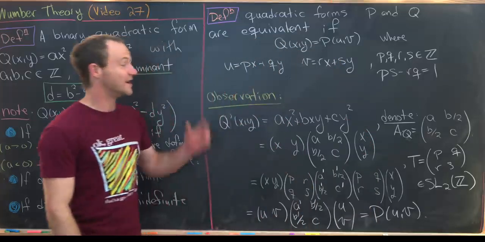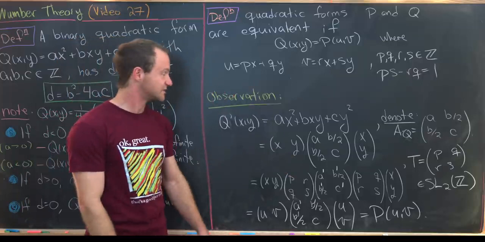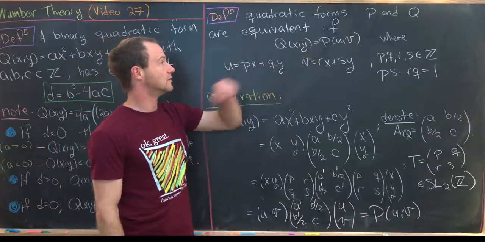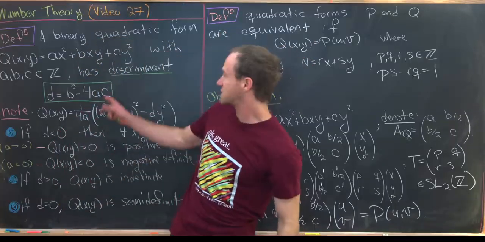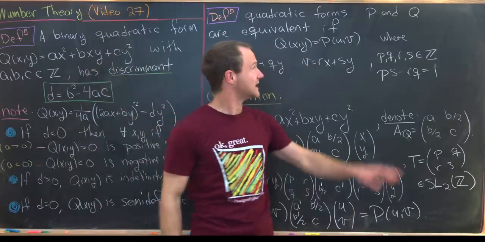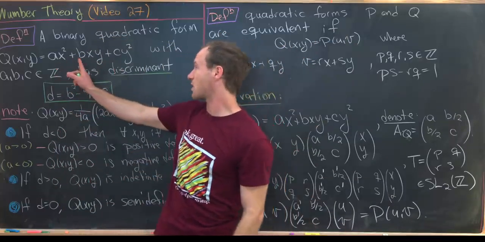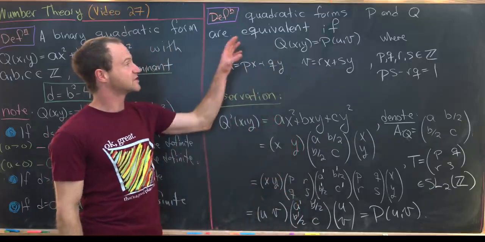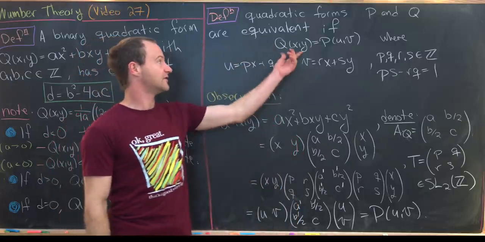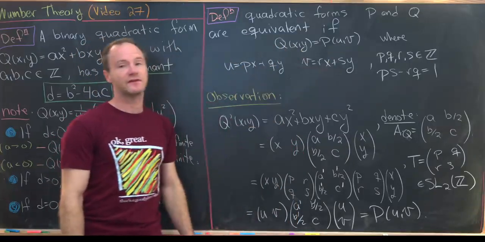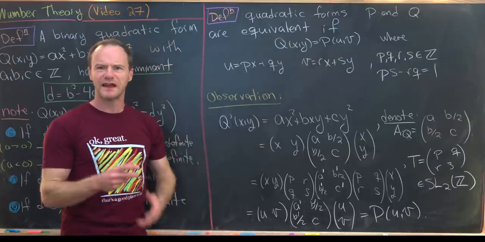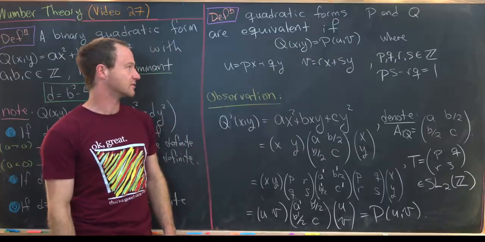So now let's look at another definition, building towards an observation. Take quadratic forms P and Q, where Q has coefficients a, b, and c, and P has coefficients a prime, b prime, and c prime, if you want to write them down. These are said to be equivalent if Q(x,y) equals P(u,v), where (u,v) and (x,y) are related just via a change of variables.